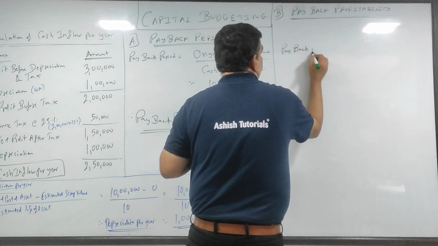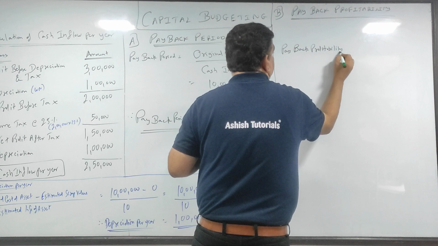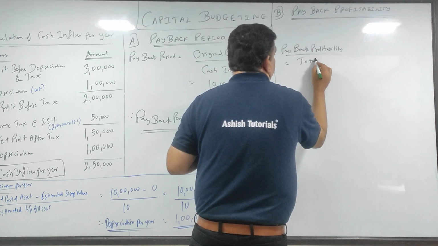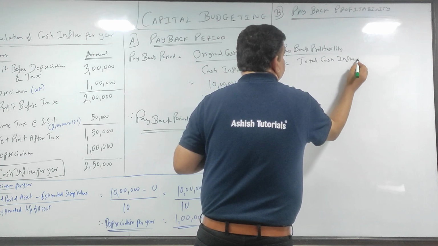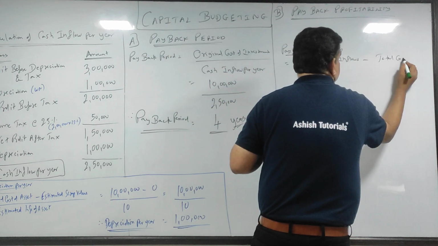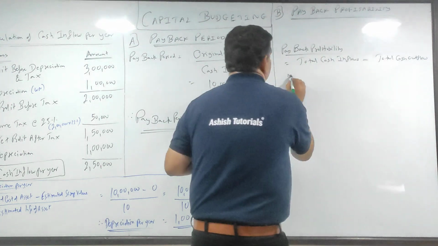Payback profitability is equal to total cash inflows minus total cash outflow.